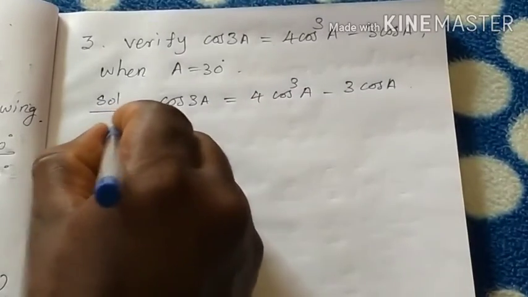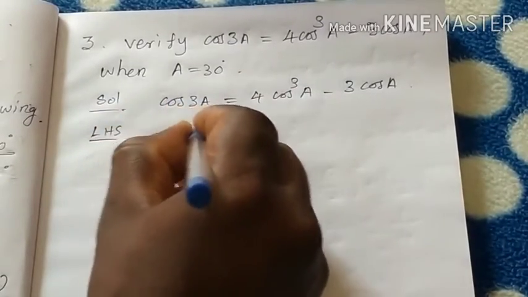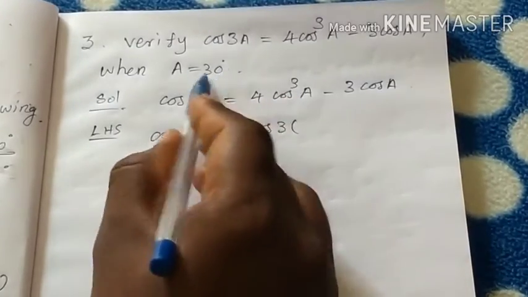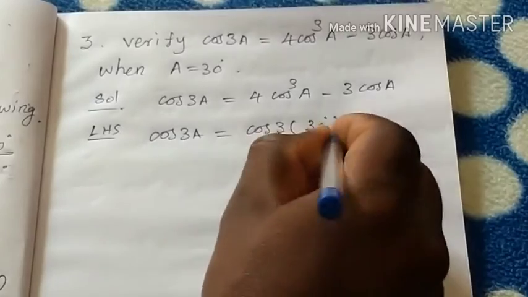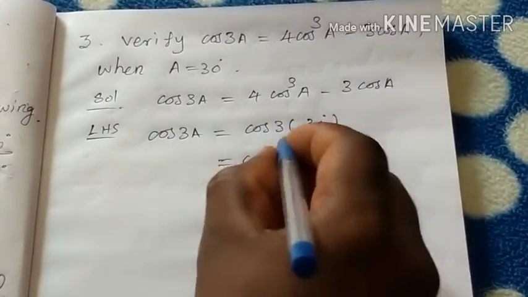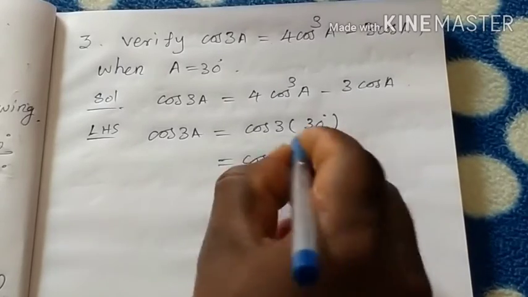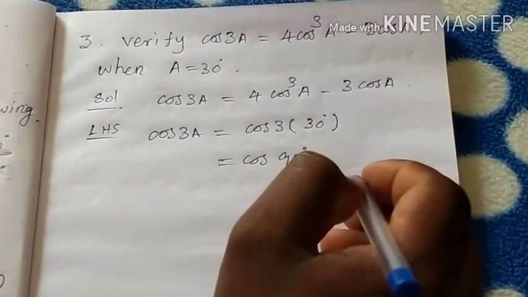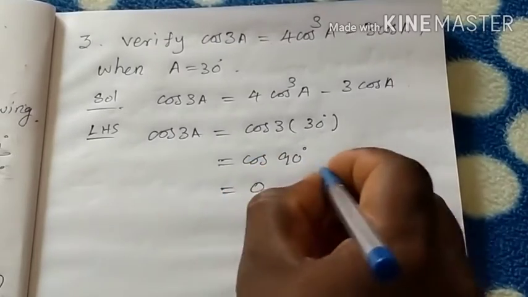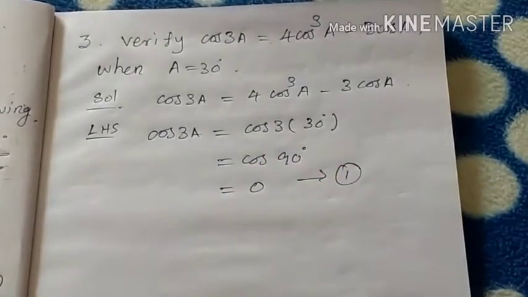So the LHS value is cos 3A, which is equal to cos 3 into the A value is 30 degree. This is given. Okay, which is equal to cos 3 into 30 degree is 90. 3 3s are 9, 90 degree. Okay, cos 90 degree value is 0. Okay, this is the LHS value.